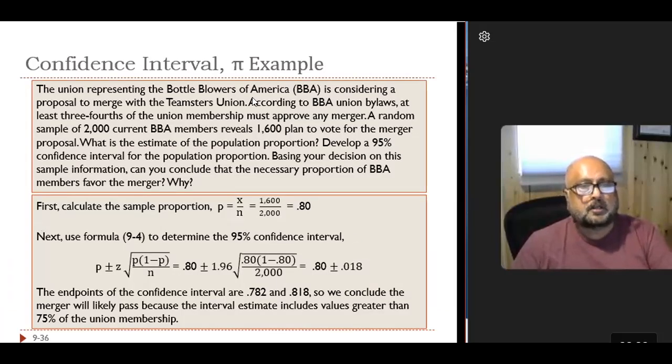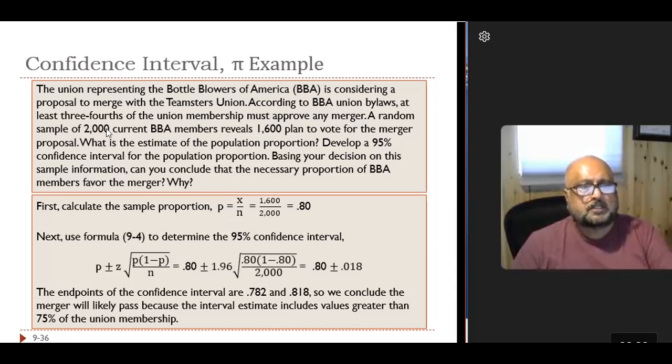And this is another question related to this formula, where we have a 95% confidence interval. We need to find whether we have enough majority to approve the merger of the companies.